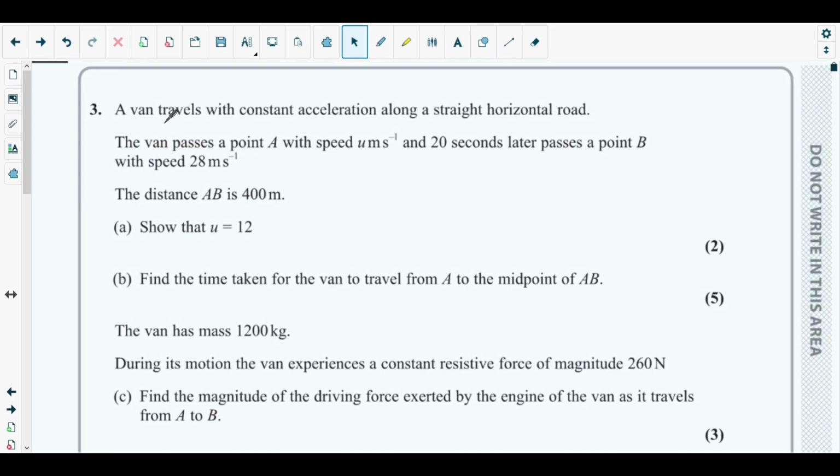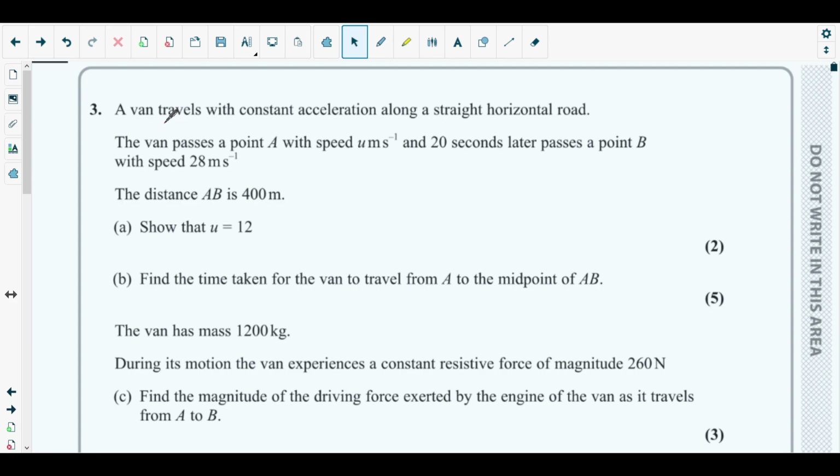Basically, the concepts behind question number 3 are not from the very first chapter of your M1 book, which is modeling assumptions. It's from chapter number 2, which is projectile motion.